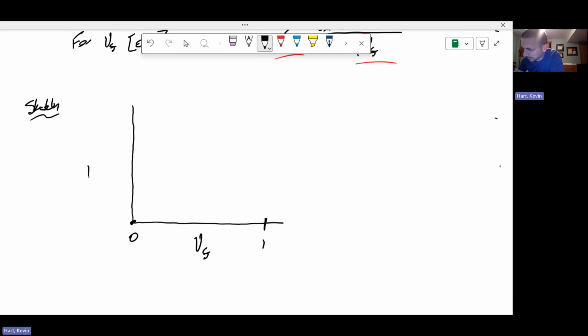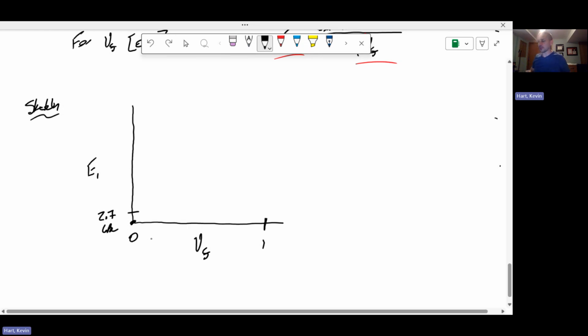And then we have the property of the composite, E1. If you have 0 volume fraction of fibers, you have only matrix, so your composite is just matrix and has a modulus of 2.7 GPa.